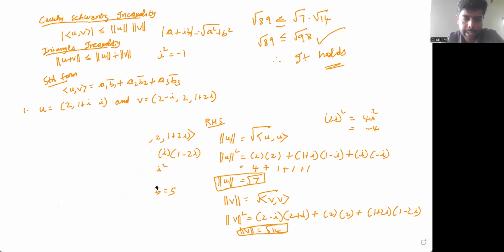So we need to satisfy that inequality. Same. What did we find? Norm of u is equal to root 7 and norm of v is equal to root 14. So we can continue.